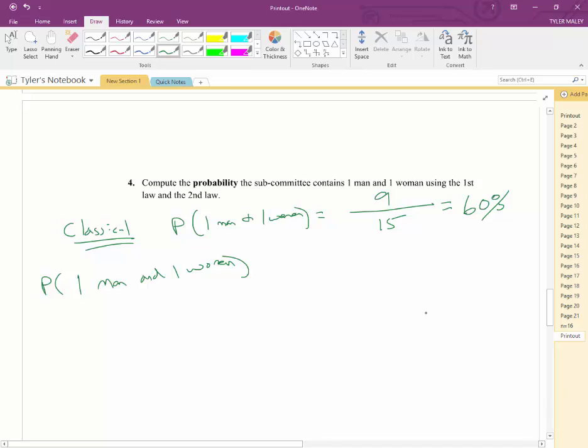So logically, this can mean that we could have the probability of the first being a man and the second being a woman, right?